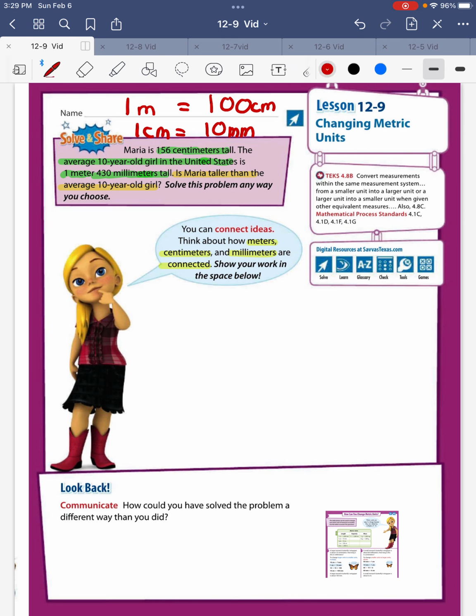So now I'm going to write everything out, okay? I'm going to put M for Maria. Maria, she's 156 centimeters tall, okay? The average girl, so I'm going to put AG for average girl. The average girl is 1 meter and 430 millimeters tall, okay?